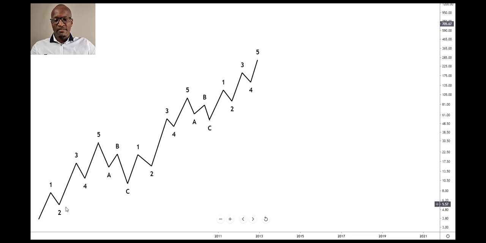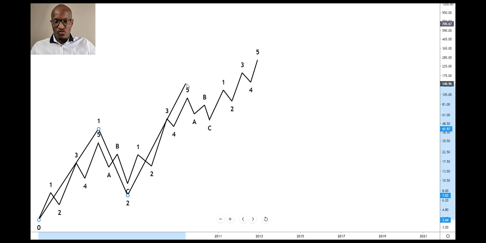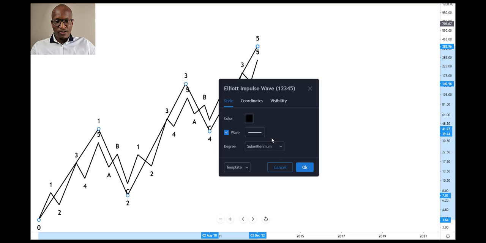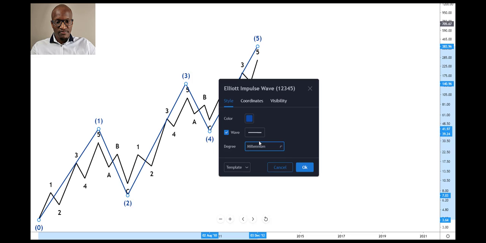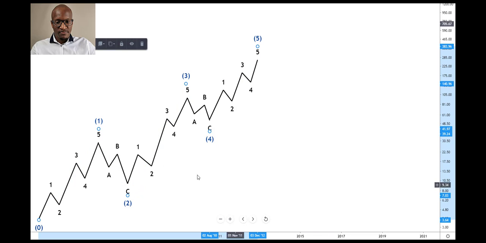So in essence, what we have here is 3 5-wave advances and 2 3-wave pullbacks within the advance. And effectively, what we have here is a wave 1, wave 2, wave 3, wave 4, wave 5, but of one larger degree. So this is what we end up with.